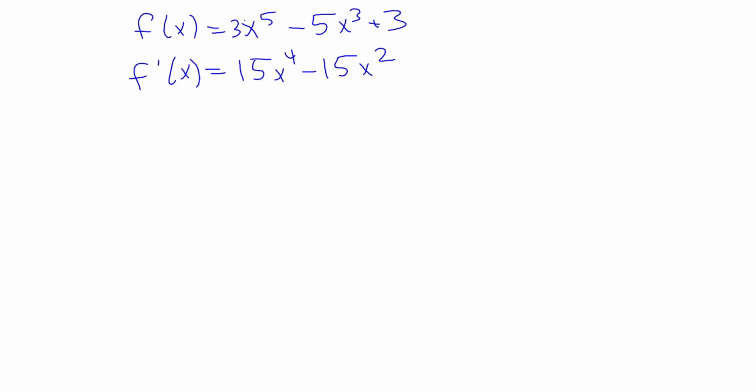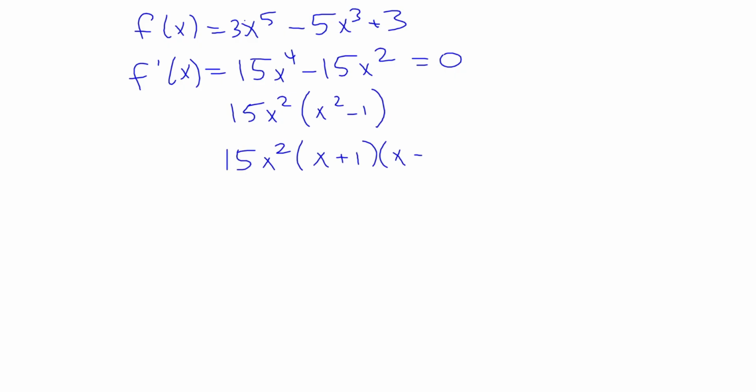That's never going to be undefined, but we'll set it equal to 0 and take out the 15x squared, leaving us with x squared minus 1, or factoring it completely, giving us 15x squared times x plus 1 times x minus 1 equals 0. There are 3 critical values, x equals 0, x equals negative 1, and x equals positive 1. We'll put all 3 of those on a sign chart to determine how the function is behaving.